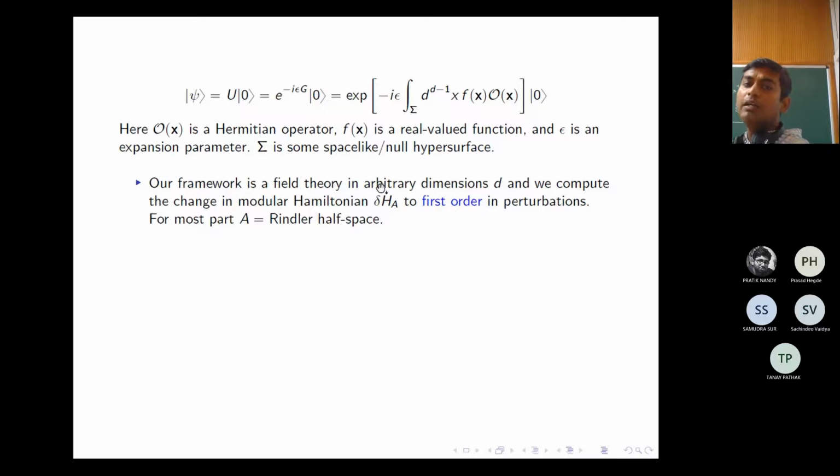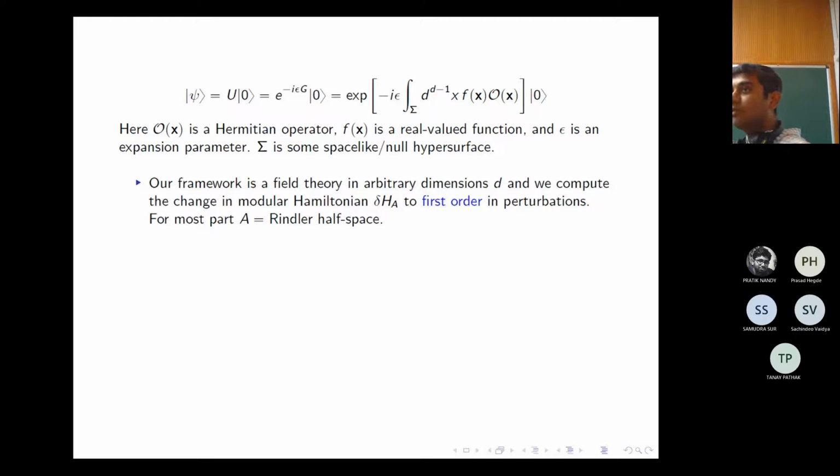For the vacuum state, the modular Hamiltonian corresponding to the A region is HA. Then for the perturbation with U, the H will shift because the density matrices are changing. There is also this parameter epsilon here, which gives the order of perturbation.